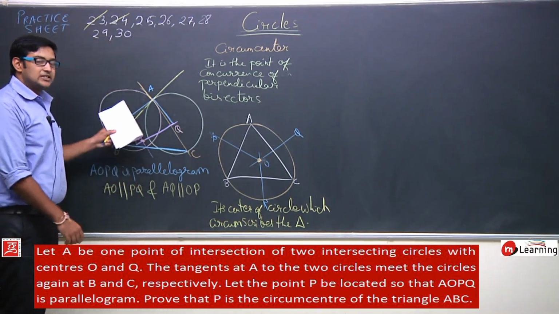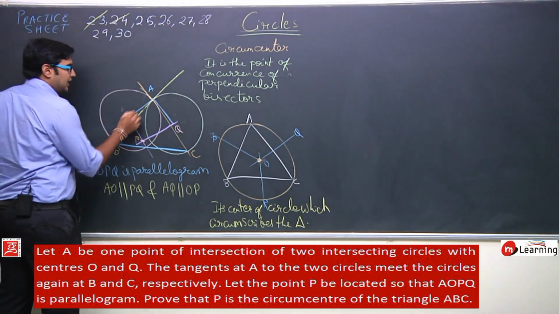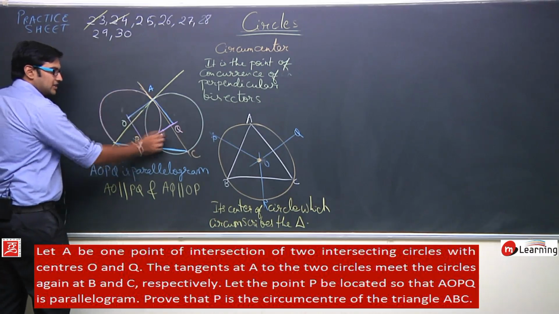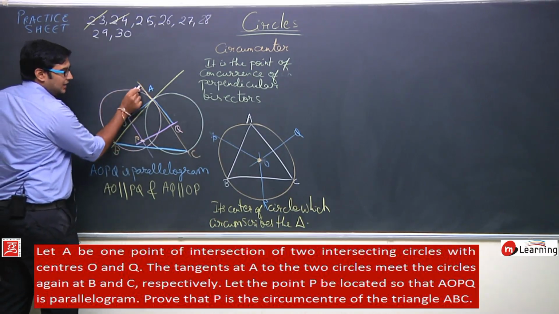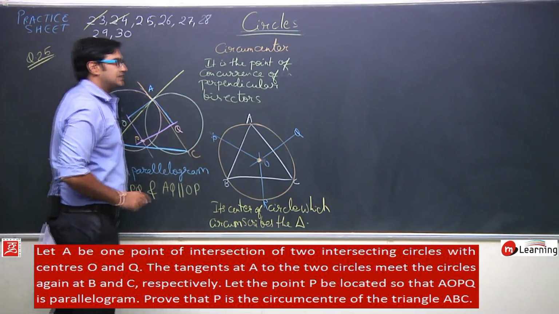Now observe this diagram very carefully. If you observe this, AO is basically the radius of this circle, and AC is the tangent to this circle.